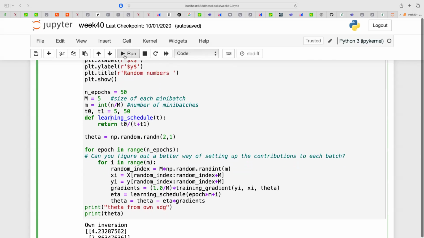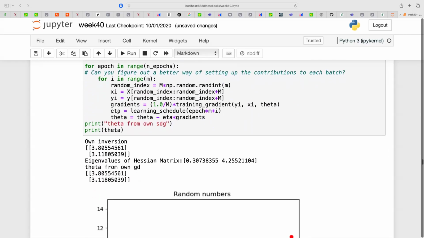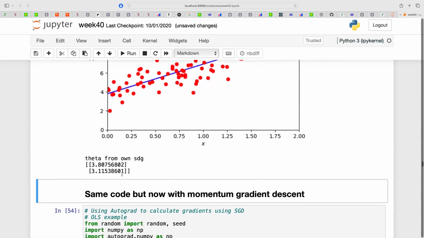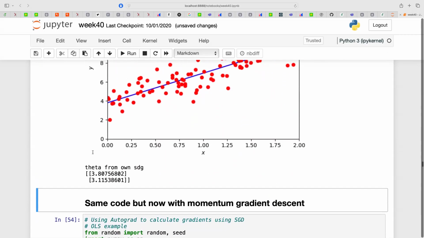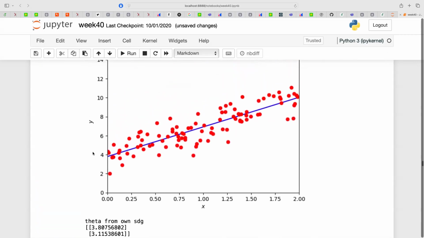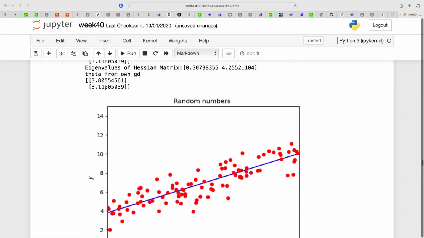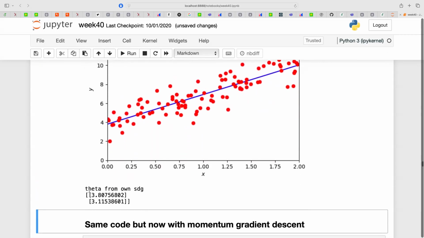And if I run this code here, you will see that the own inversion gives this. And you see the theta from own gradient descent gives essentially that value. But when I now do the stochastic gradient descent, I'm not getting exactly 3.0855, but I'm getting 3.8077. And these results will change a little bit depending on the number of epochs and the sizes of the batches.